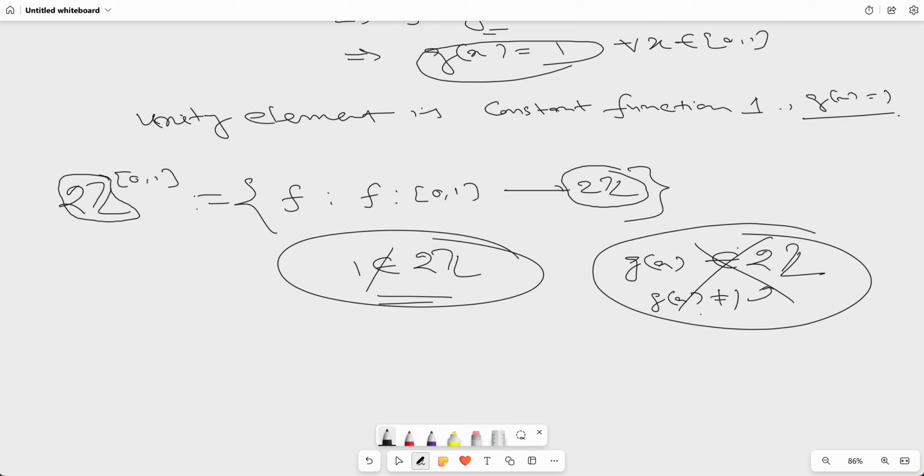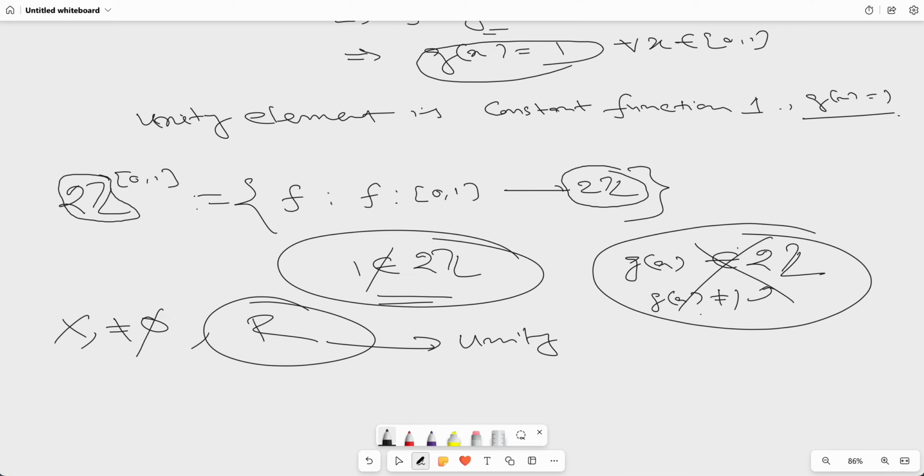If you need unity, then your ring should have the unity. Ring means the main ring. We are starting with X as a non-empty set and a ring. If your ring has unity, this implies that R^X has unity, otherwise you cannot say. I'm going to prove this statement right now.